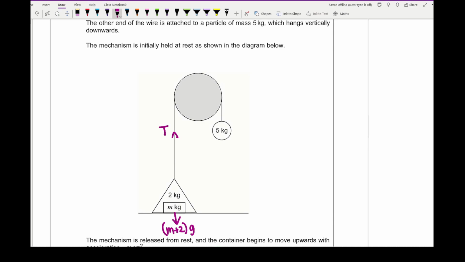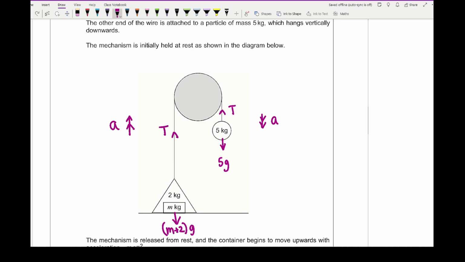In the 5 kilogram mass, we have 5g as the force acting downwards and tension acting upwards. From the description, it tells us that the triangular container is going to move upwards with acceleration a, and the 5 kilogram weight is going to move downwards also with acceleration a.